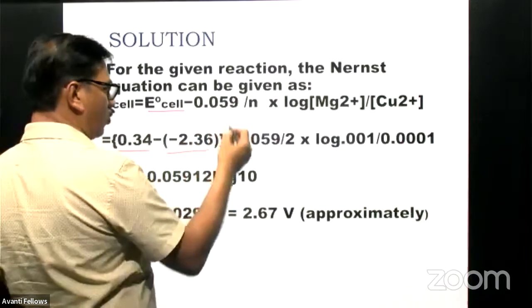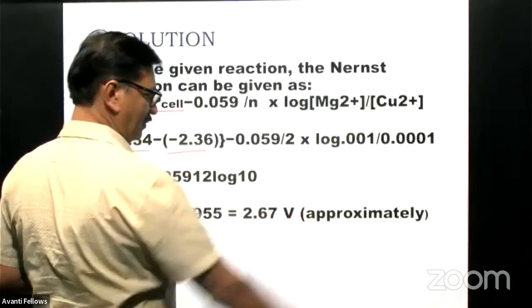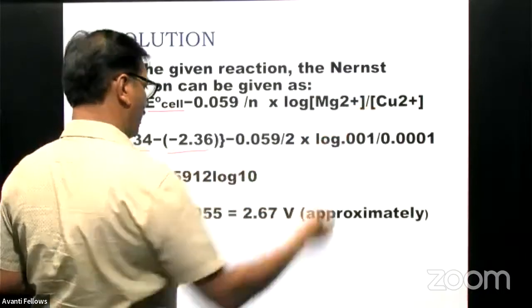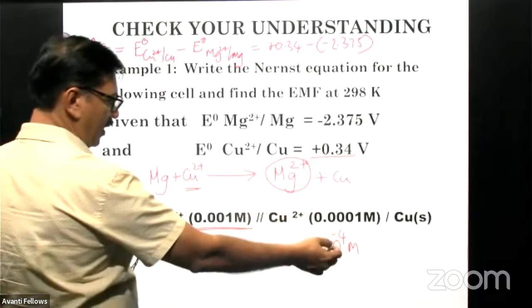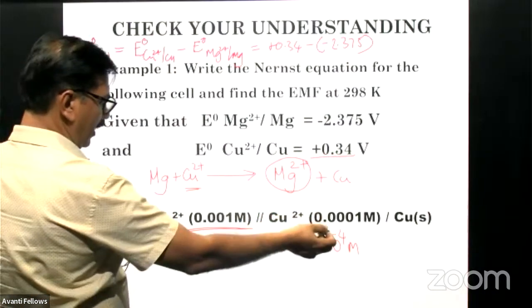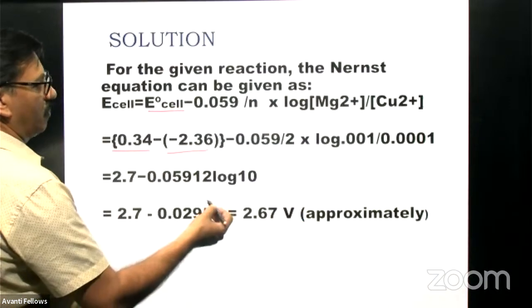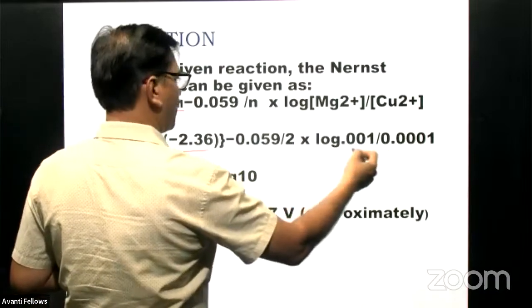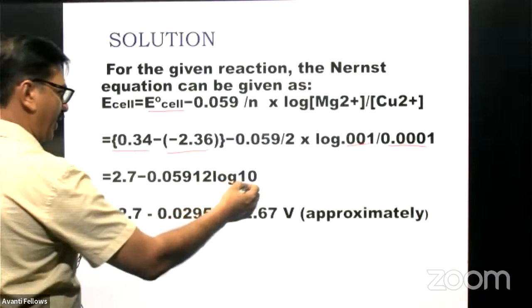Now coming to substitute, 0.059 by 2 log of 10 to the power. If you write the powers, you may understand better: 10 to the power minus 4 there, and 10 to the power minus 3 here. So this will be log of 10.